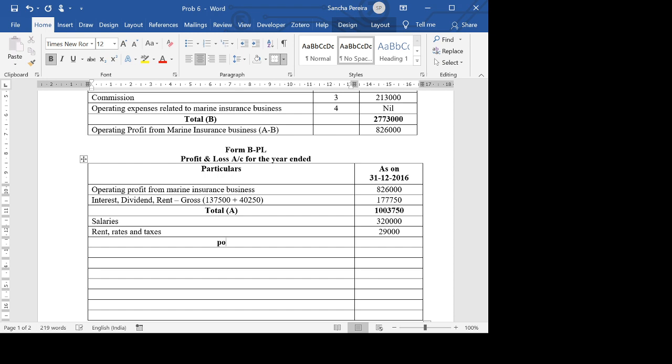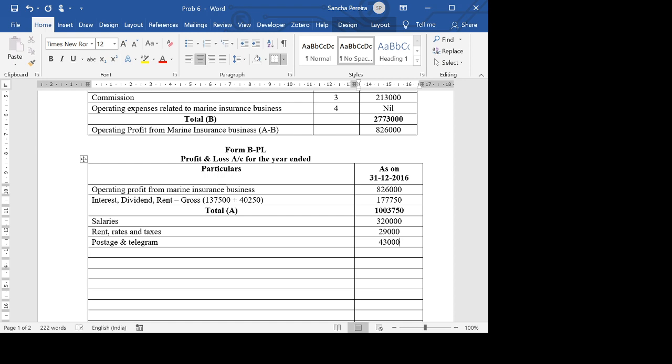Then postage and telegram, which is 43,000.